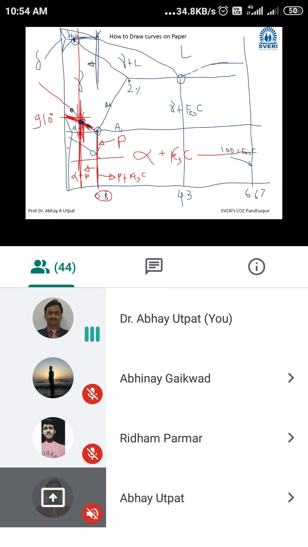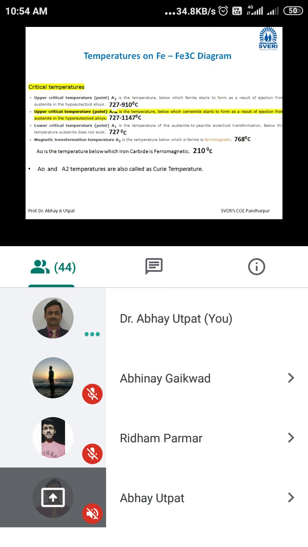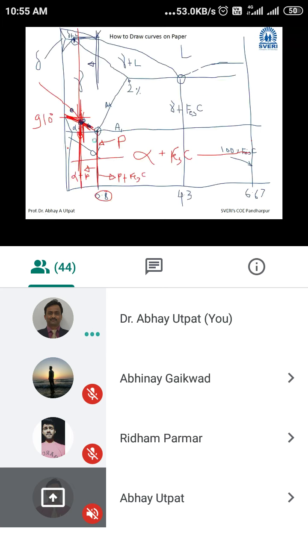What is A1? So before that, ACM, that is also called upper critical temperature, 727 to 1147. If you look at the figure, this is ACM or A4 temperature.